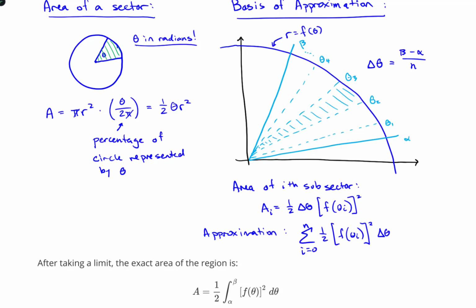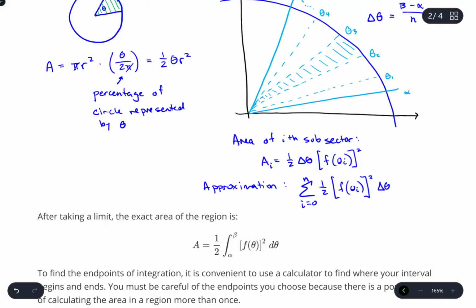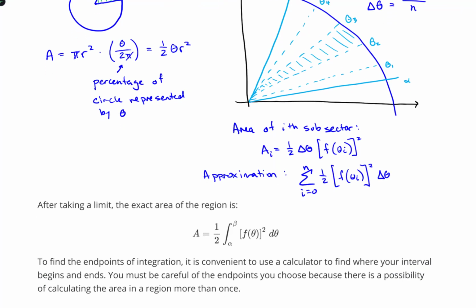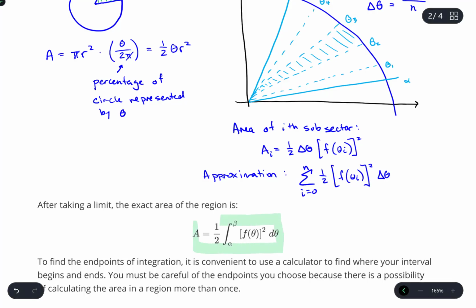Then if we let the number of subregions increase to the point where we have an infinite number of subregions, we'll get the actual area trapped between the origin and this curve, and that turns into an integral. The exact area is 1/2 of the integral from alpha to beta of f of theta squared d theta.